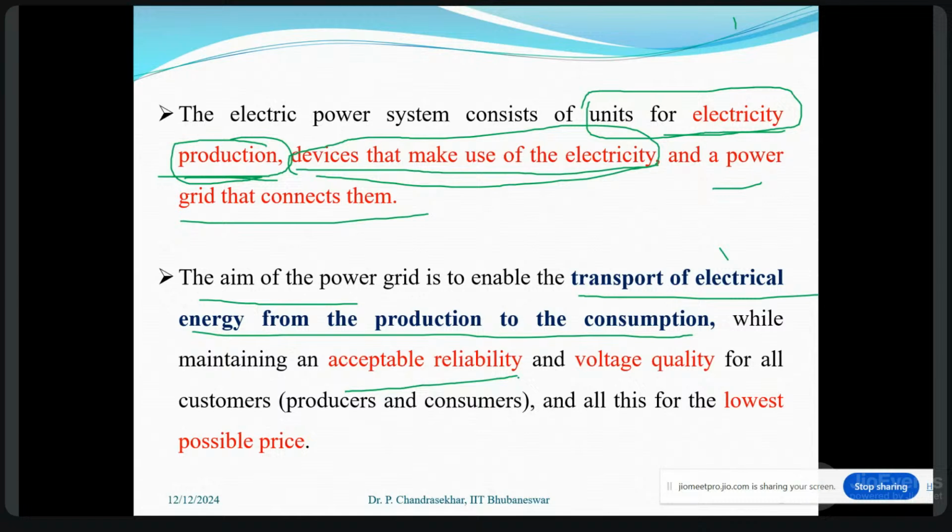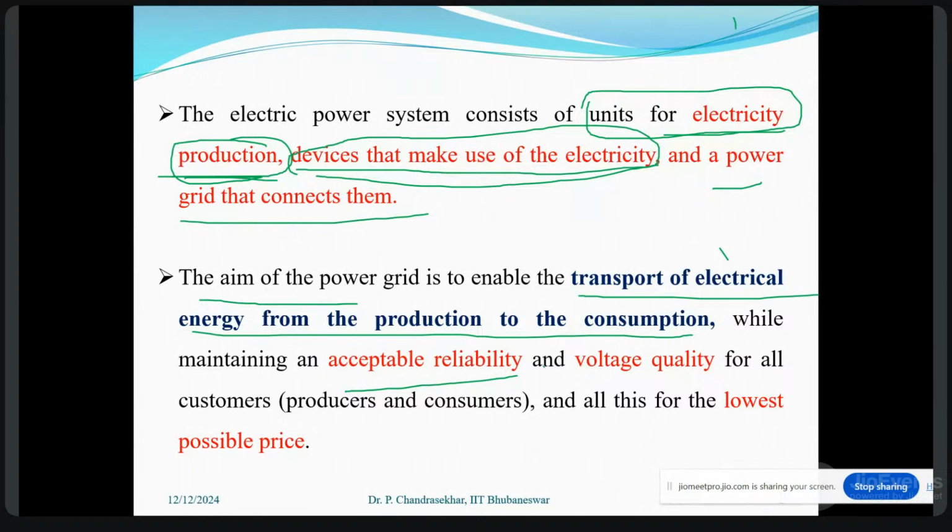Definitely, it is not possible to achieve 100% reliability. But how near to 100%, that's what we have to see. And this reliability level should be acceptable to both the generating station as well as the consumers, the producers as well as the consumers. So acceptable reliability, to be more generic, for all the stakeholders involved in this process.